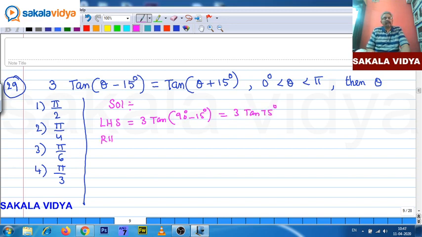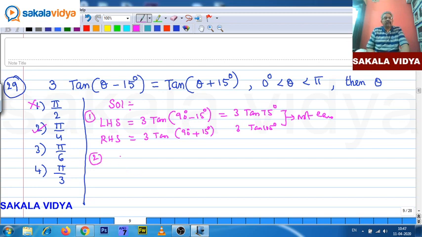RHS, that will be 3 tan of 90 plus 15, so 3 tan 105. These two are not equal. So this is ruled out.